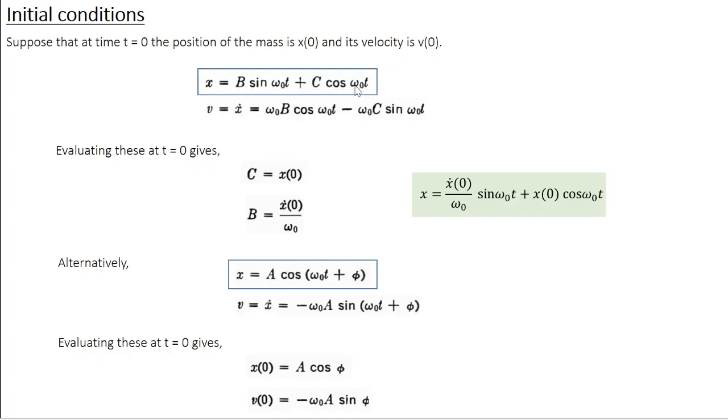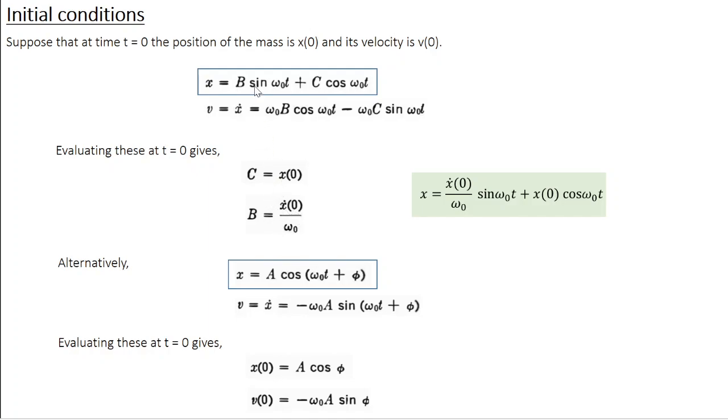Similarly, I have cos 0 here, cos 0 equal to 1. So on the right hand side, I have C. So the first equation becomes C equal to x of 0. Similarly, from the second equation, once again the sine term vanishes. So I have v of 0 or x dot of 0 equal to omega naught B, or B equal to x dot of 0 by omega naught. So I find the values of the unknown constants.